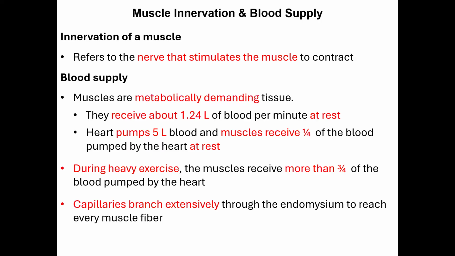And then from there, they all join together, form the vein, and the good blood comes in, and the blood with all the waste goes out, back to the heart, back to the lungs, gets reoxygenated, comes back again. All right. So it has got a very extensive blood supply.